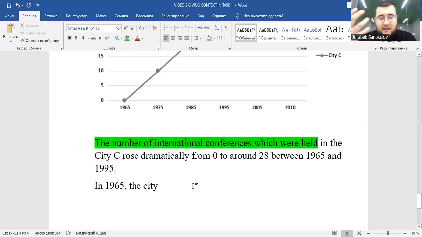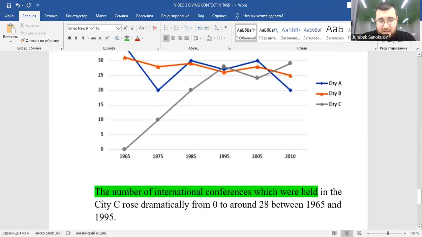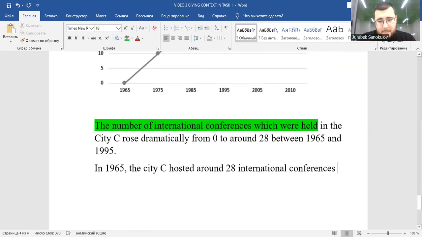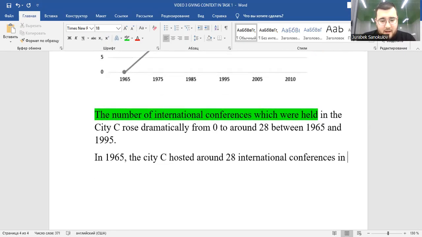Now, if I wanted to use non-universal ways of providing context, I'd say something like this: the city C hosted around 28 international conferences in 1995.